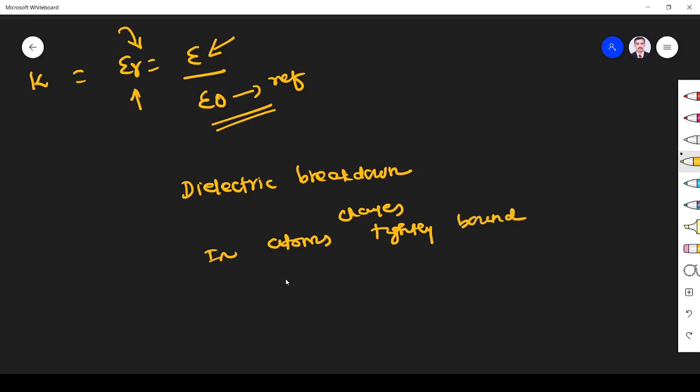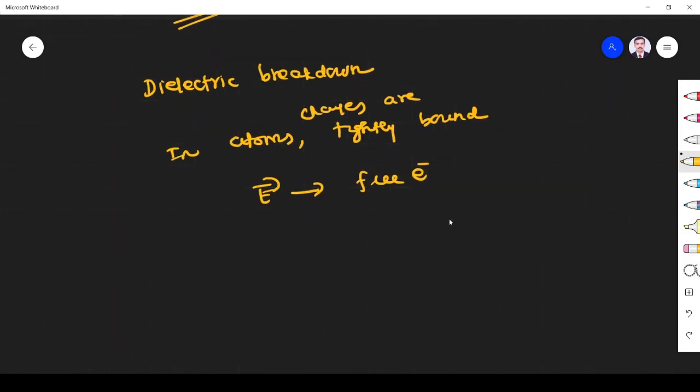If you apply an electric field, what happens in a conductor? The electrons become free electrons and it starts conducting. Whereas in a dielectric, since charges are tightly bound in atoms, when you apply an electric field, they won't become free electrons. The electrons won't get detached from the atoms simply.